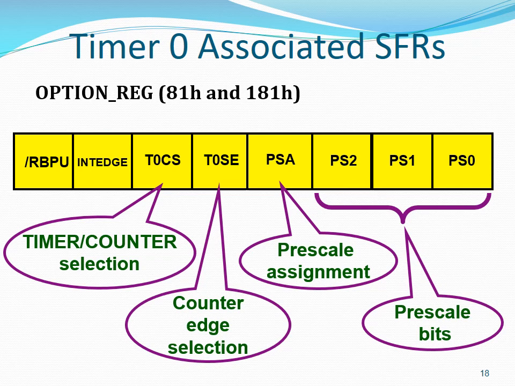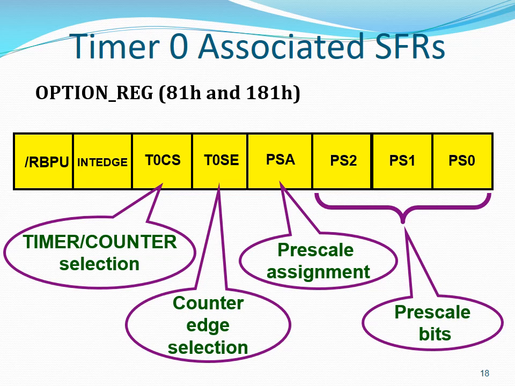PSA is the bit that is used to assign the prescaler either to timer 0 or to the watchdog timer. The states to which these bits are set to select a particular case are as given in the notes.